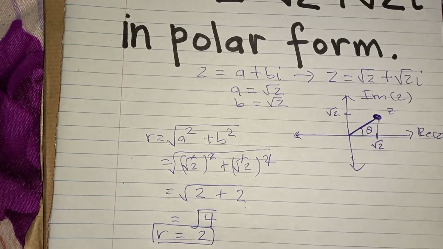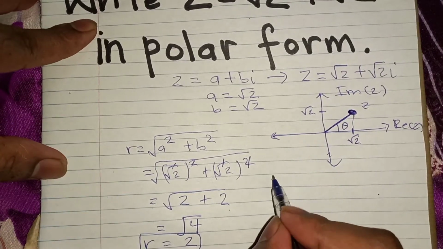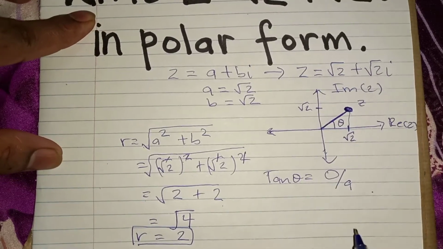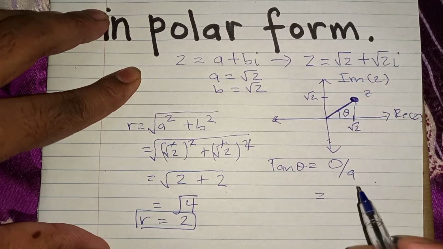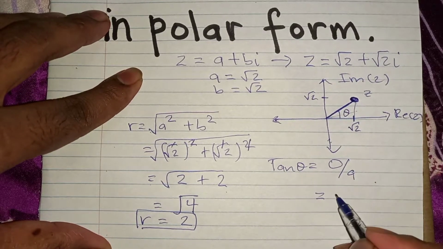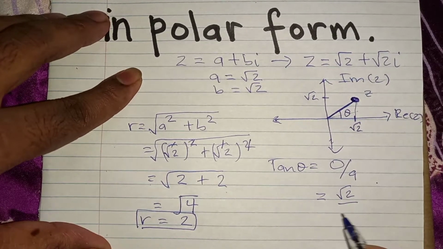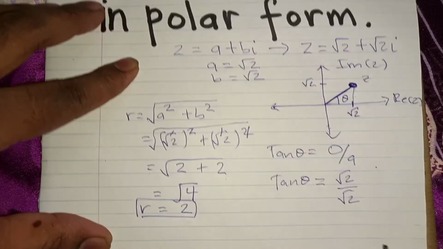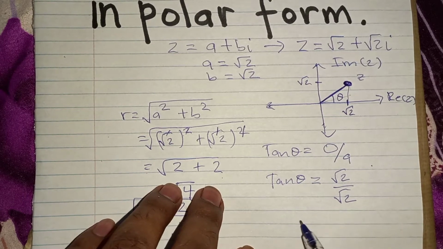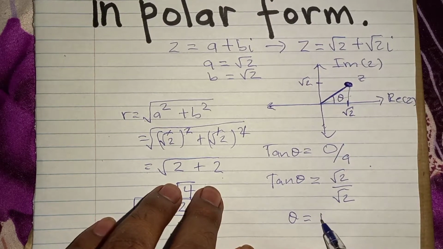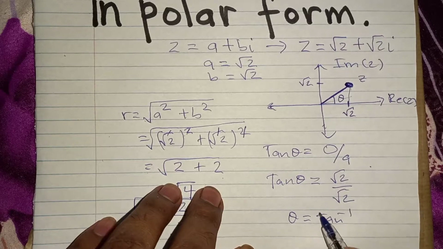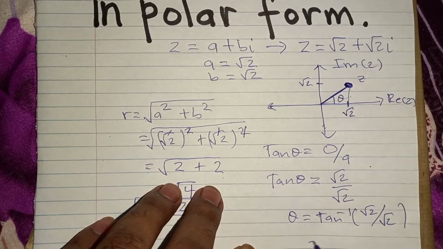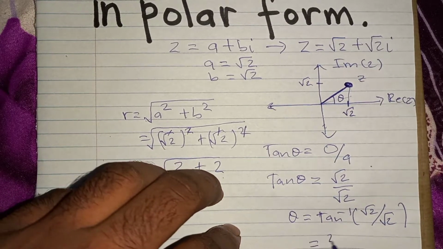Now to find the angle, let's use tangent theta. Tangent theta is equal to opposite over adjacent. Our opposite side is root 2 and our adjacent side is root 2 as well. So tangent theta is root 2 over root 2. To find theta, we take the inverse: tangent inverse of root 2 over root 2 comes to 45.